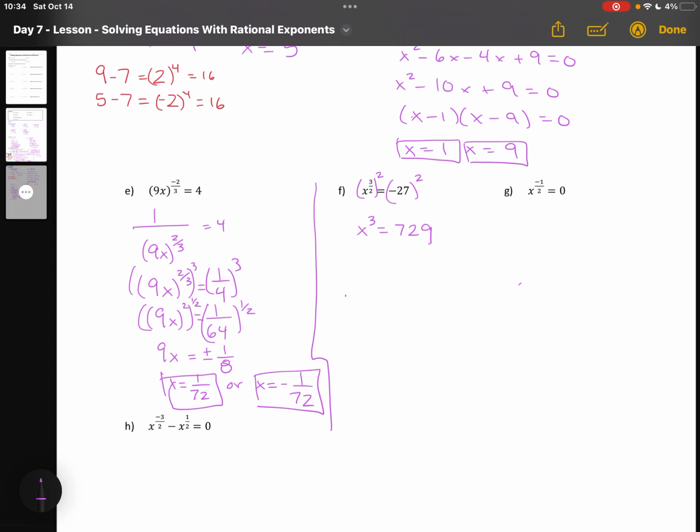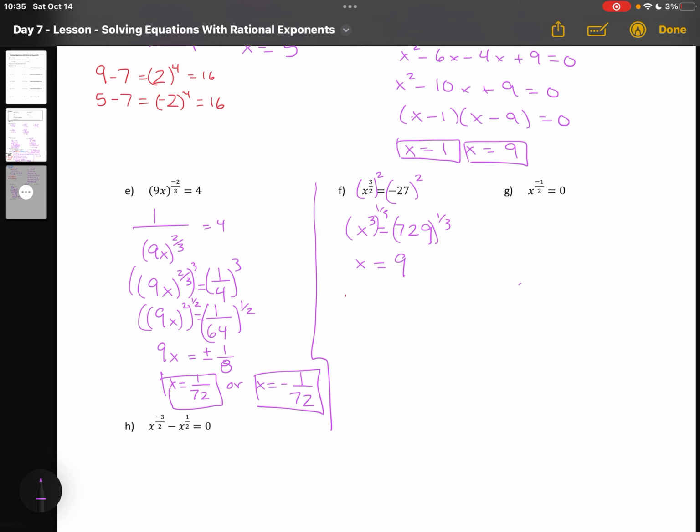And then when I take the cube root of that, I'm going to get x equals, let's see, 729 to the exponent 1 divided by 3. This is going to give me 9.